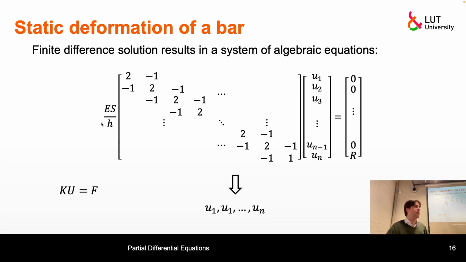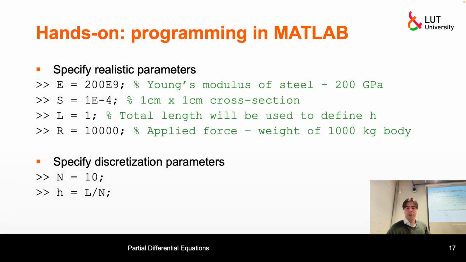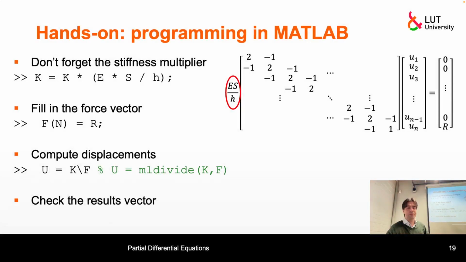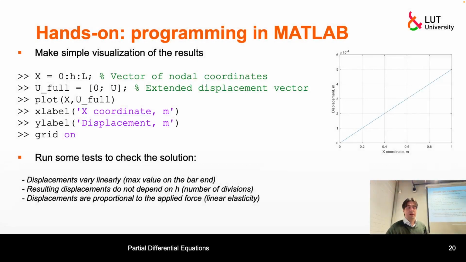So it's not very obvious how to do that, and in practice I don't think it's very useful to do that in finite difference. We will better do that in the finite element method, this kind of change.